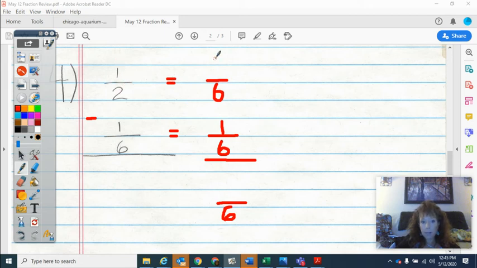1/2 is equal to how much out of 6? Well, many of you probably already remember, but I'll go ahead and go through the steps. So 2 times what number is equal to 6? You can count by 2s. 2, 4, 6. Okay, 2 times 3.